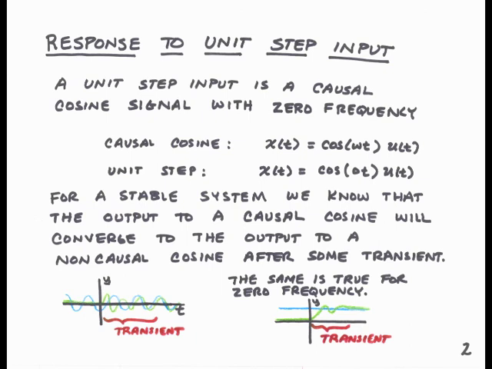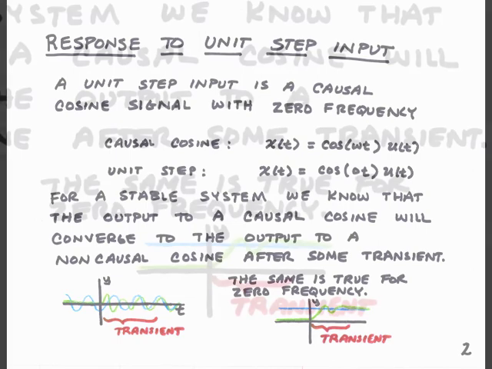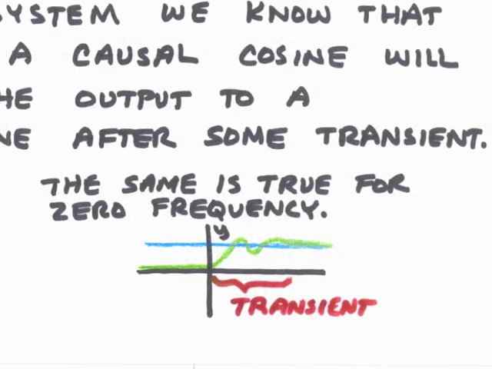And the DC gain was easy to determine. That means we can find out what the response is to a unit step after the transient dies out in a very easy way. It will just be the DC gain times the amplitude of the step, in this case 1.